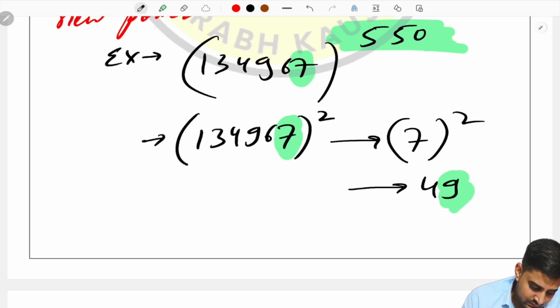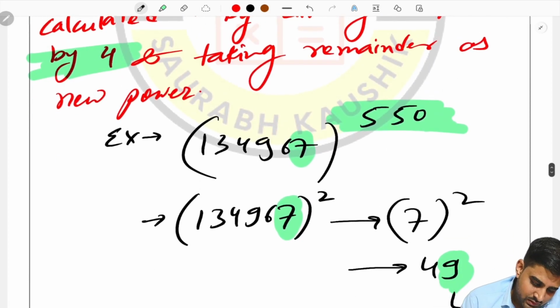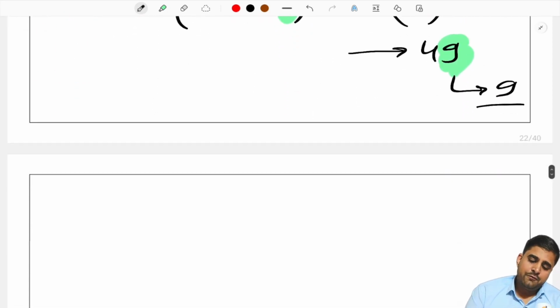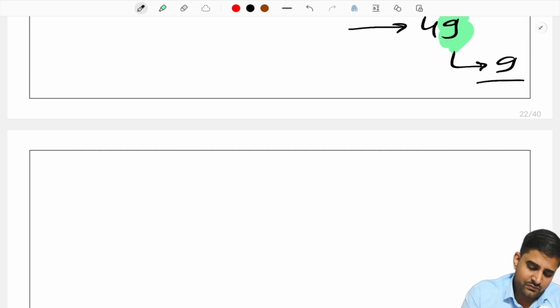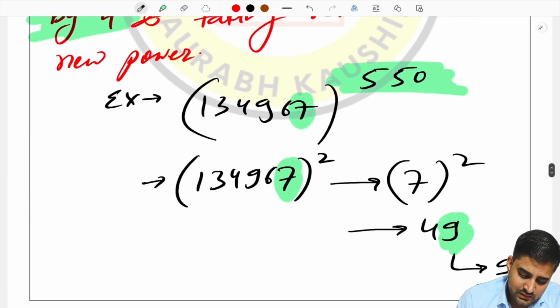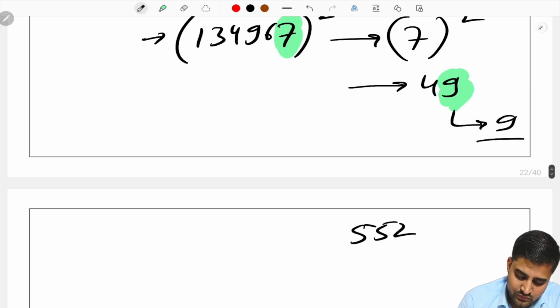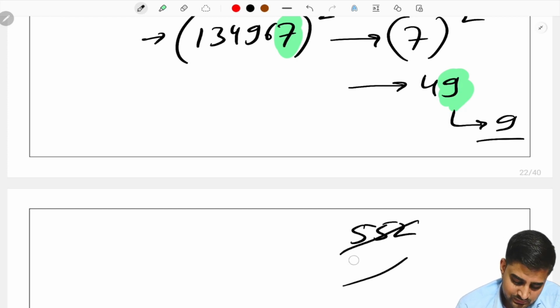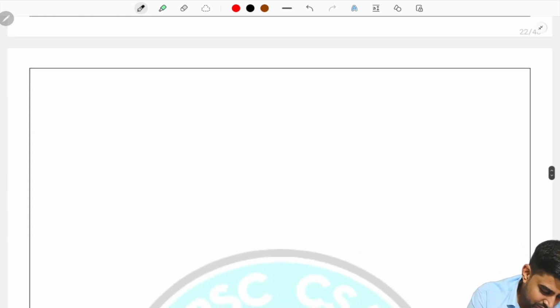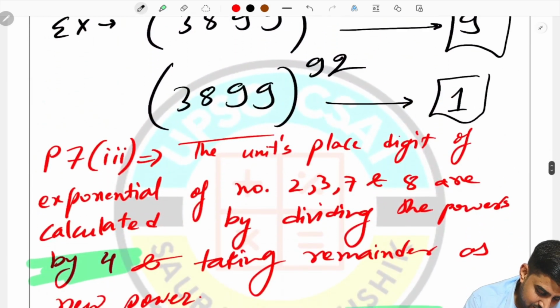So your answer is 9. That's how you have to do it. Now let us take a value where you get 0 when you divide the power by 4. For example, if it is 552, it will be completely divisible by 4. What will you do in this case? Let us write this first.